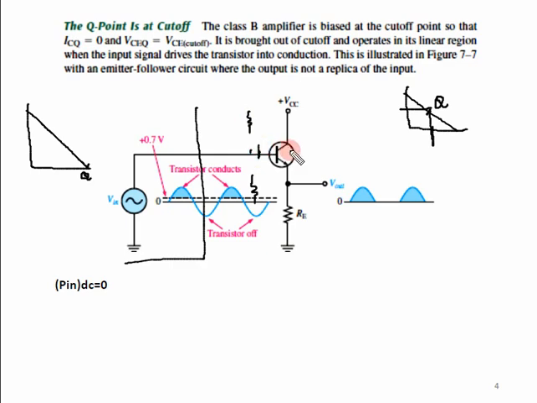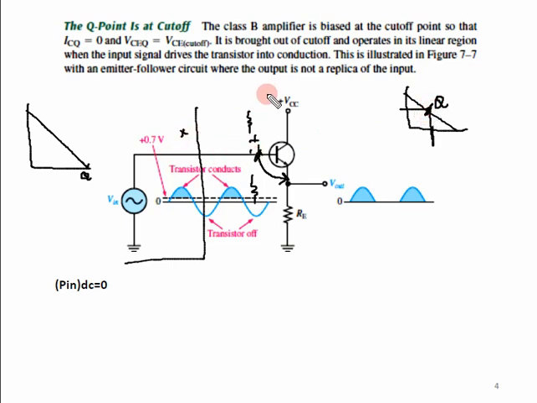In class A, there were resistors. That biasing resistor at the base was making the amplifier be in the conduction mode, though there was no signal applied. So the Q point was over here.